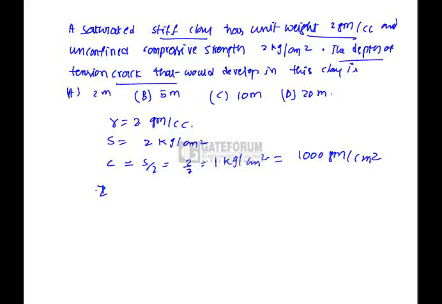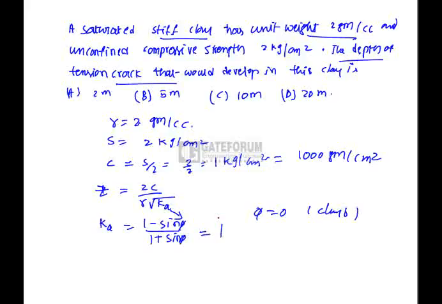The depth of tension crack Z is equal to 2c by gamma root Ka. We have to find out Ka. For a pure cohesive clay, Ka is 1 minus sine phi by 1 plus sine phi. We know active earth pressure coefficient, phi is equal to 0 for clays. So Ka is equal to 1.